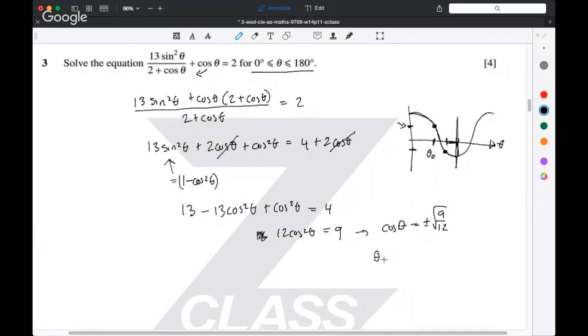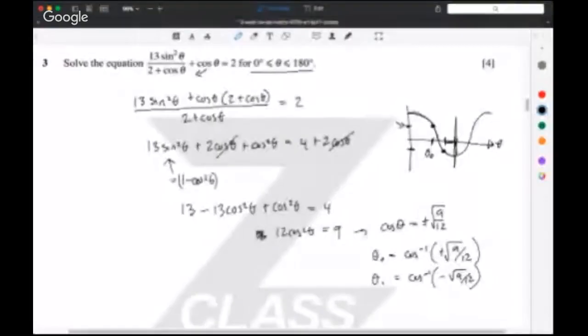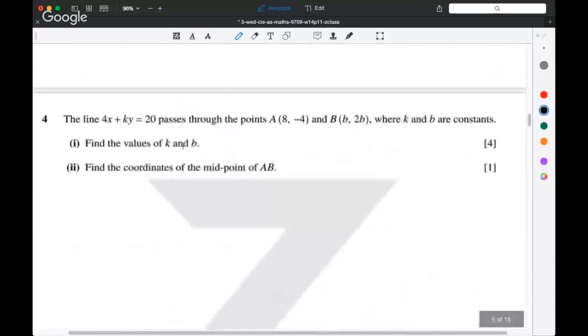So the first value of theta is going to be equal to inverse cosine of plus square root 9 over 12, and the second value is going to be equal to inverse cosine of minus square root 9 over 12. And that'll give you the answer. So you don't actually need to worry too much, because your calculator will tell you. So just remember to keep both of them. They're both required.